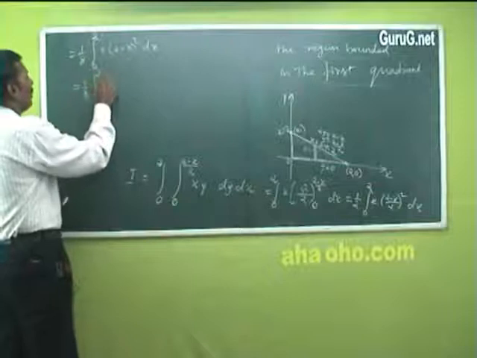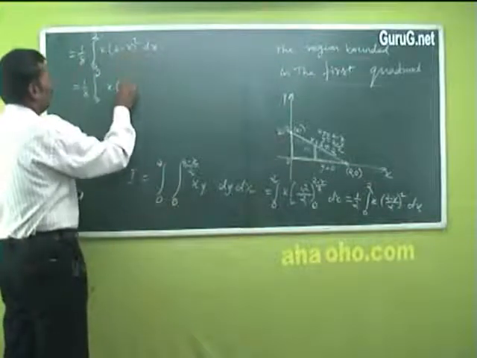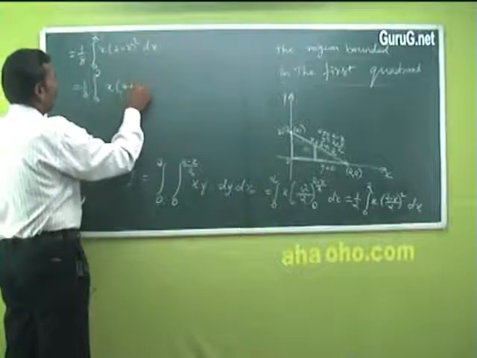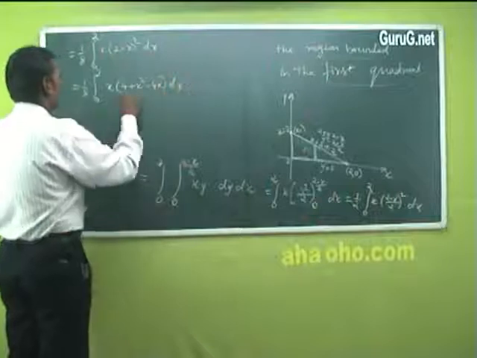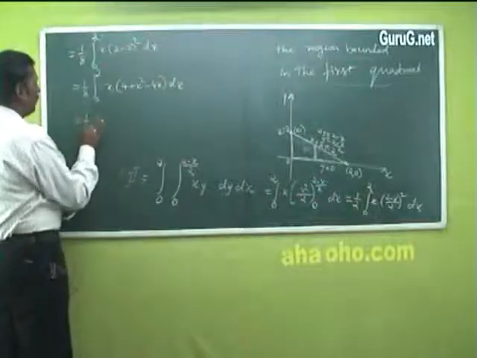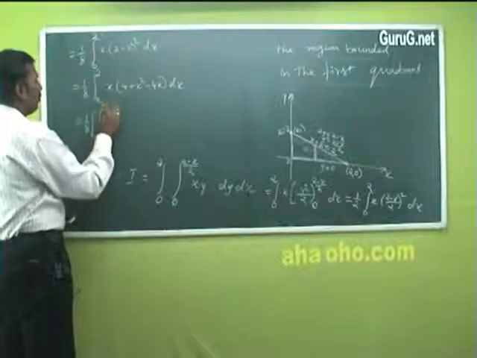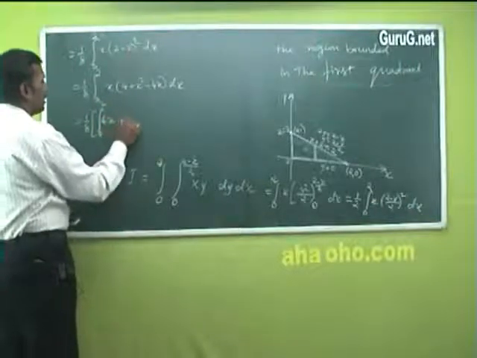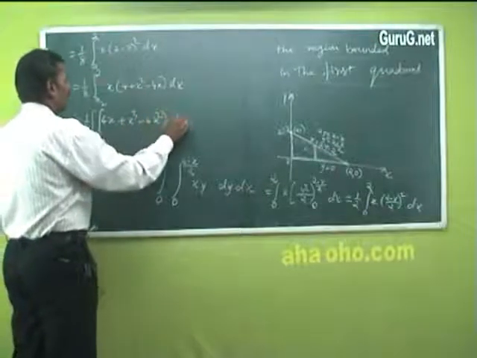0 to 2 x into, இதை simplify பண்ணிக்க, a minus b the whole square: 4 plus x squared minus 4x into dx. இதை multiply பண்ணிட்டீனா, so 1 by 8 into integral 0 to 2 4x plus x cube minus 4x squared into dx.